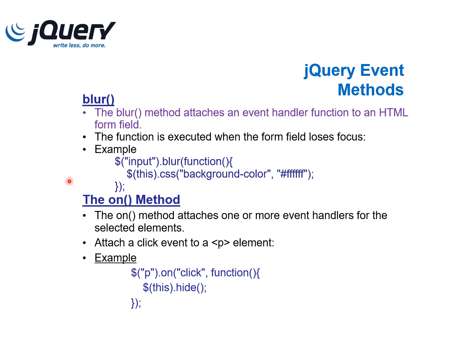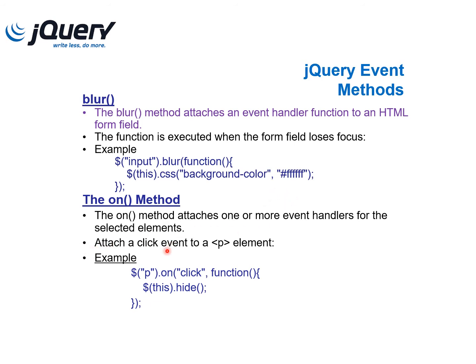Here we have sample code: $("input").blur function, $(this).css background color #FFFFFF. So all are at high intensity, so it will produce white color. So if a particular input tag loses its focus, then its color will be changed to some other color.